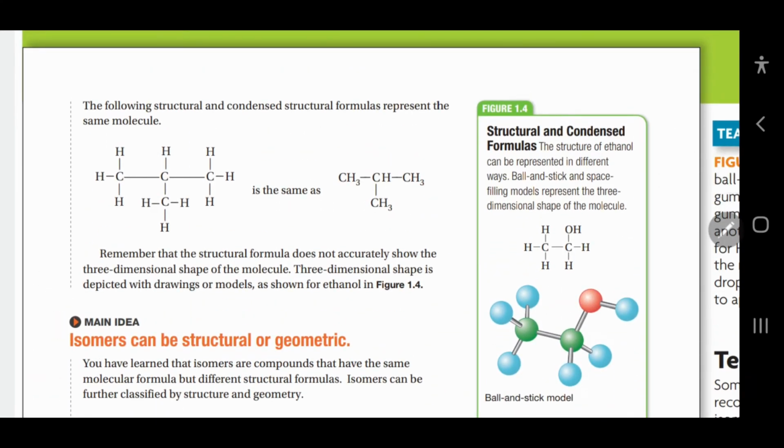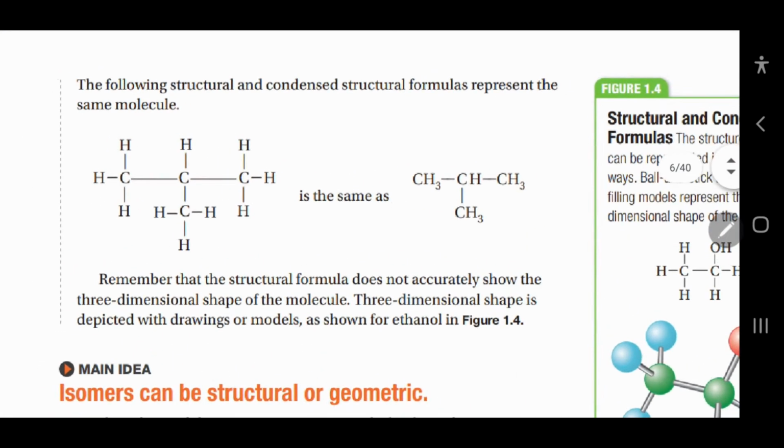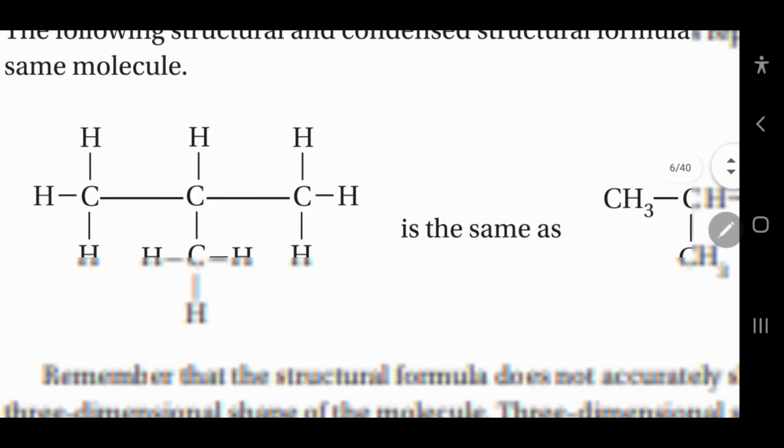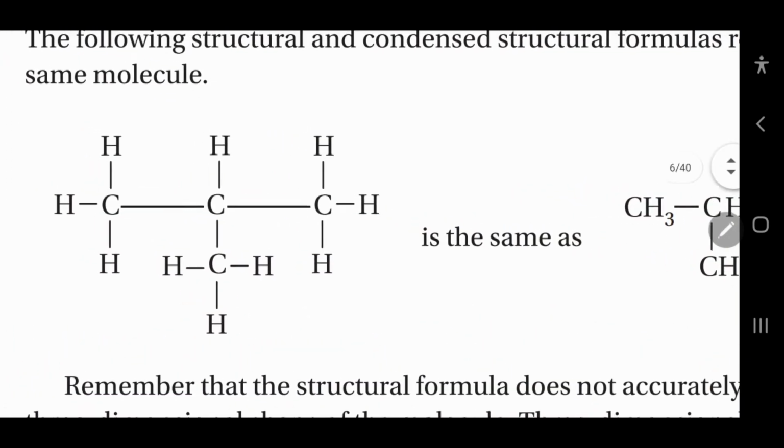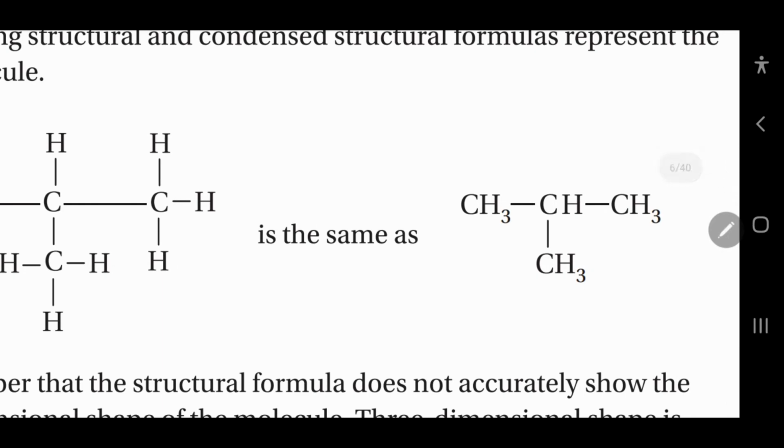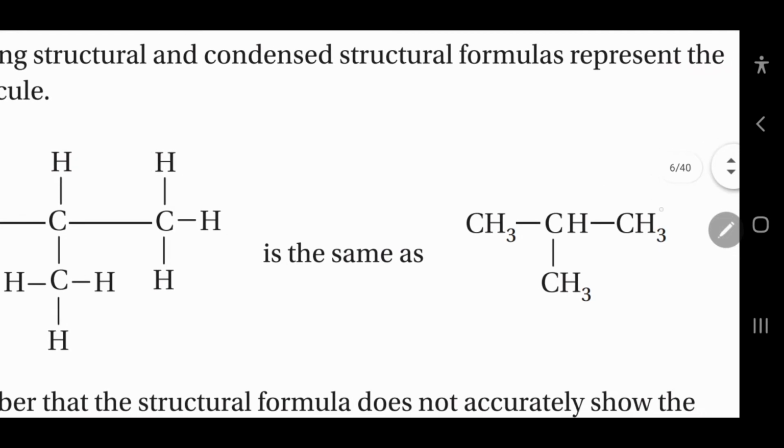This is the same compound as we drew it. And we can draw the structural formula this way by drawing lines as bonds between atoms, or we can just write the number of hydrogens, and we already know that these 3 hydrogen atoms are bonded to this carbon, the other one on the left, and the CH here.